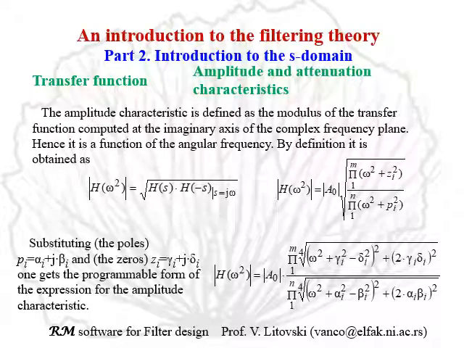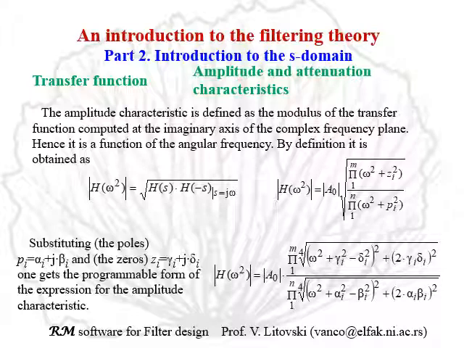The amplitude characteristic is defined as the modulus of the transfer function computed at the imaginary axis of the complex frequency plane. Hence, it is a function of the angular frequency. It is an even function.